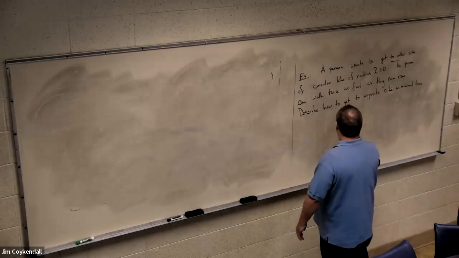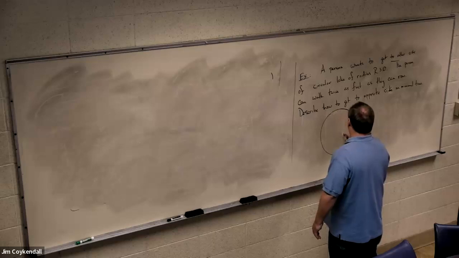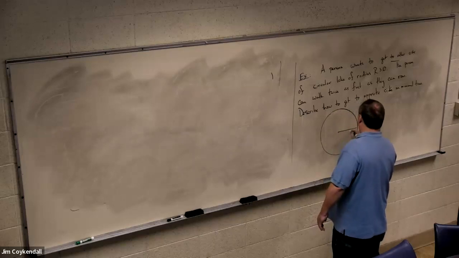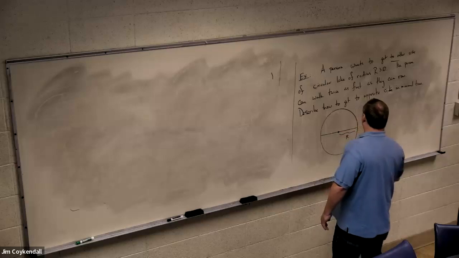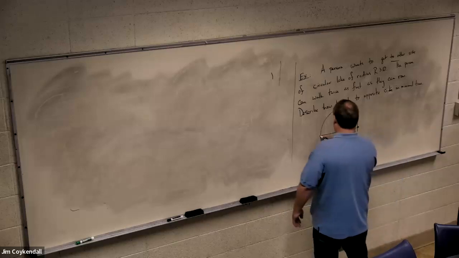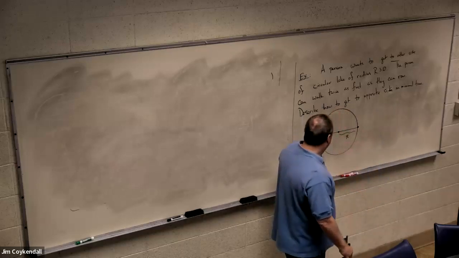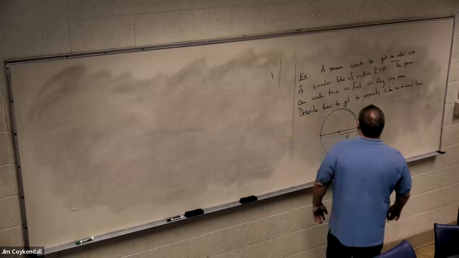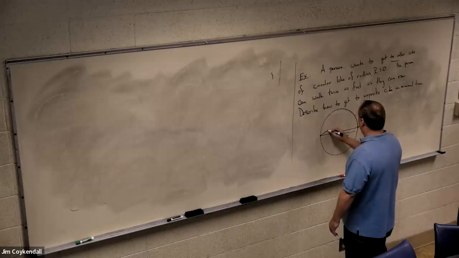Okay, so here's the situation. This lake has radius R. And a person wants to get from here to here in the minimum time. And they can walk twice as fast as they can row.